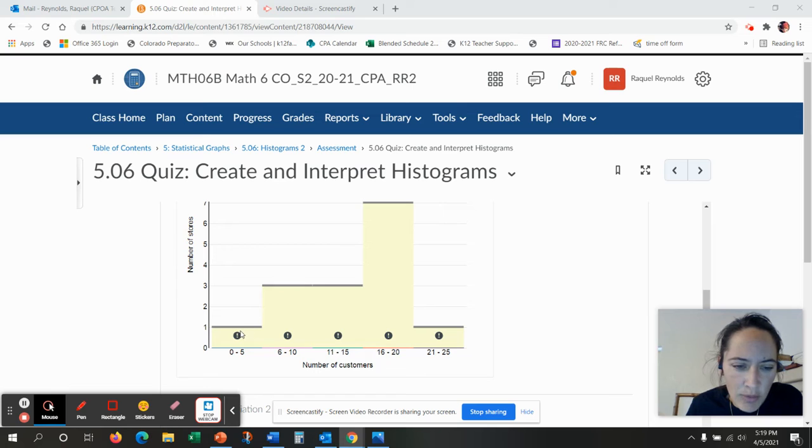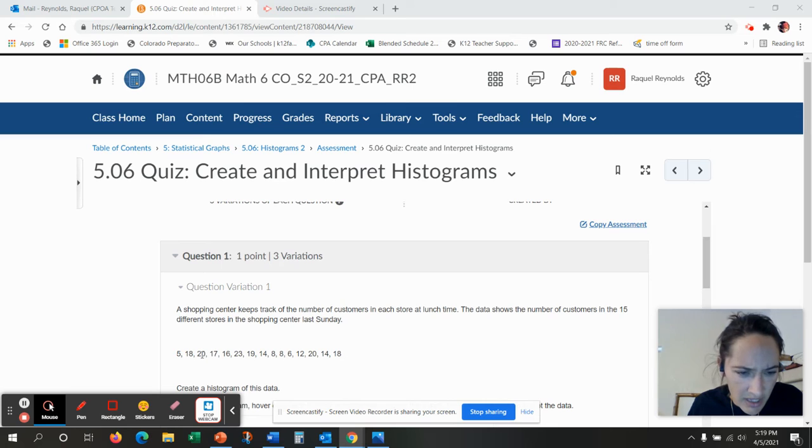This is how many customers had, how many stores, oh, I get it, had. So there was one store that had about 5 customers, and then 1, 2, 3, 4, 5, 6, 7, 8, 9, 10, 11, 12, 13, 14, 15. Got it. 15 stores. Here's their numbers of the number of customers in their store at lunchtime.